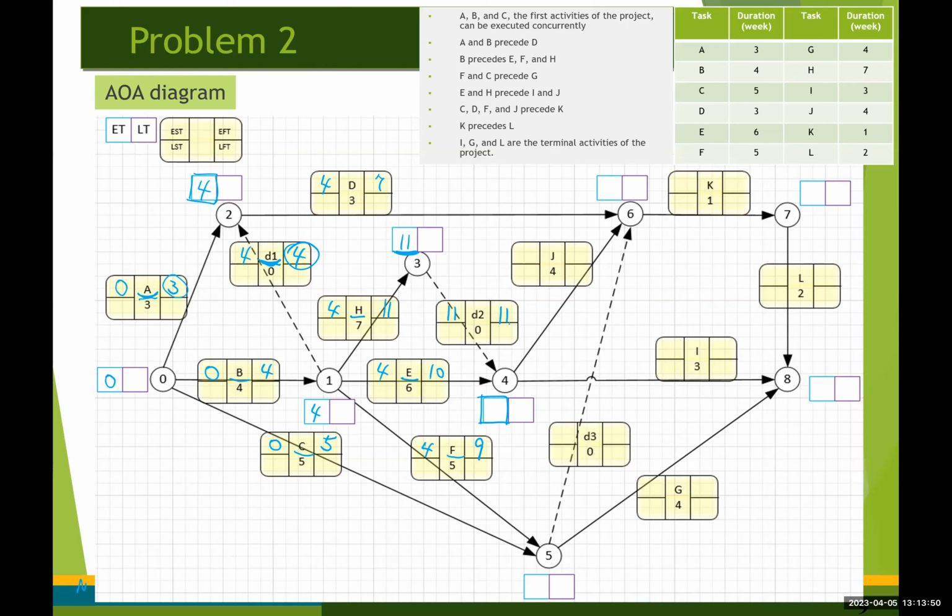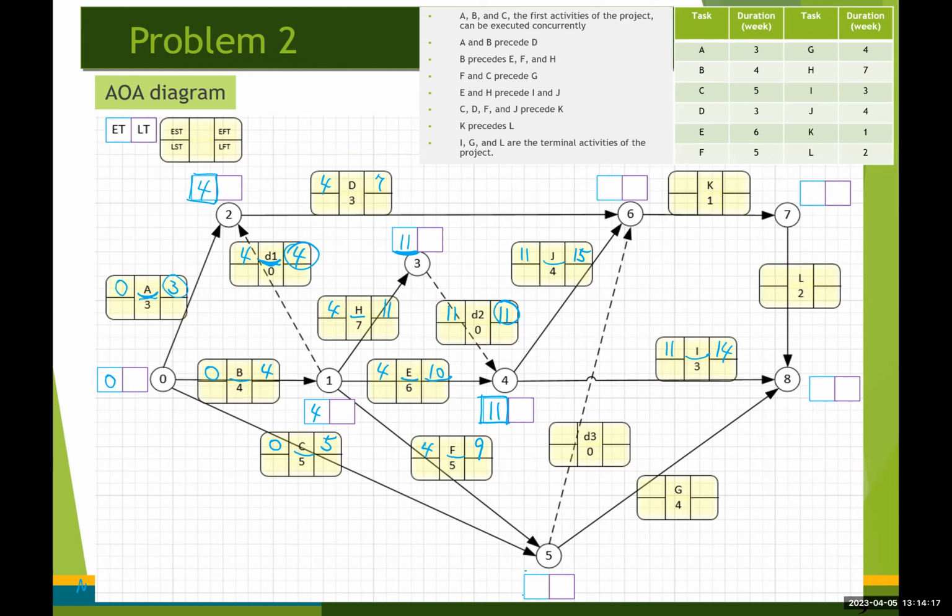So we are going to take the larger value between 11 and 10, which is 11 down here, right? So the earliest time for both activities, J and I, is going to be 11, right? 11 plus 4, 15. 11 plus 3, 14.